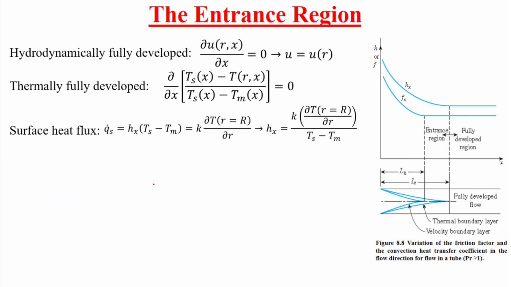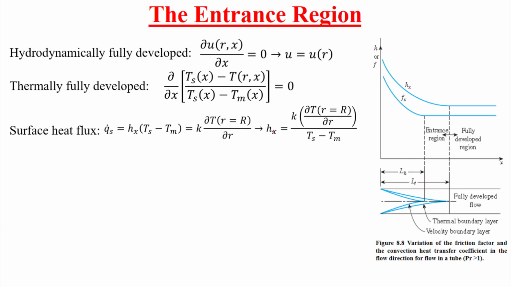And this is equal to the conduction equation, k multiplied by delta T over delta r, where r is equal to capital R. At the surface, where we have q from inside to outside or from outside to inside, we are talking about this region between conduction and convection. Or we can say hx equals k multiplied by delta T divided by Ts minus T mean.